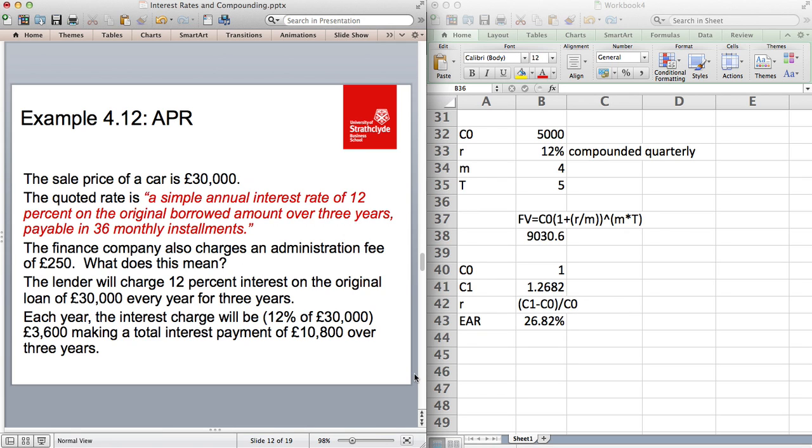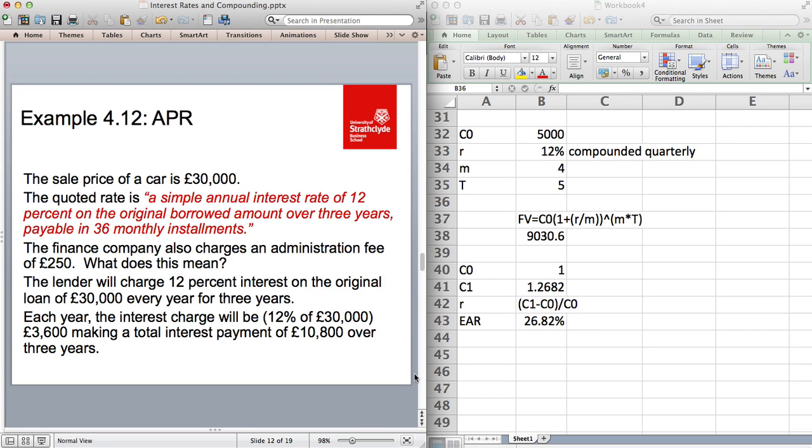So let's just take an example of how APR is quoted. This comes from example 4.12, and I'm going to just take the key points from it. The sale price of a car is 30,000 and you're quoted a simple annual interest rate of 12% on the original borrowed amount over 3 years, payable in 36 monthly instalments. And you're also charged an administration fee of £250.